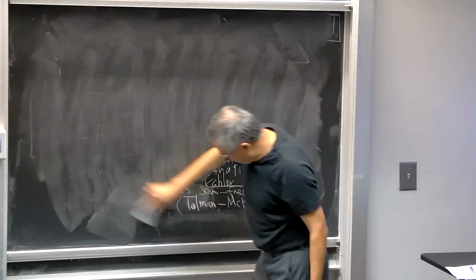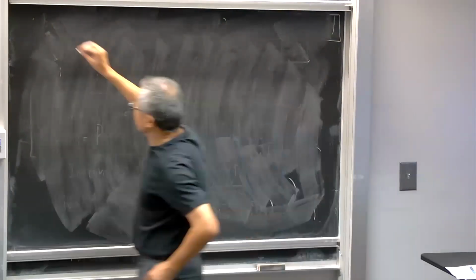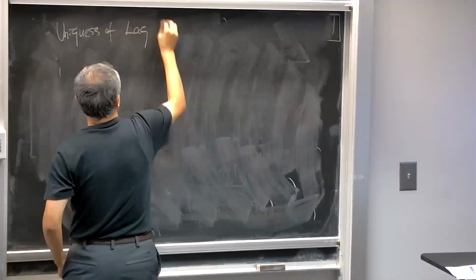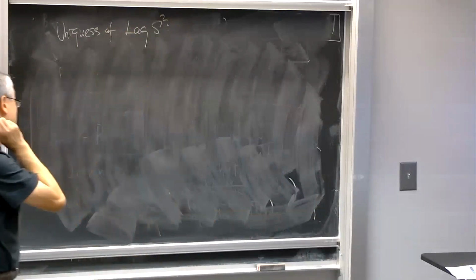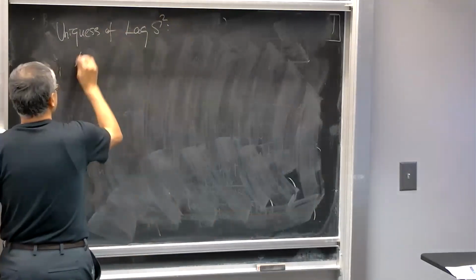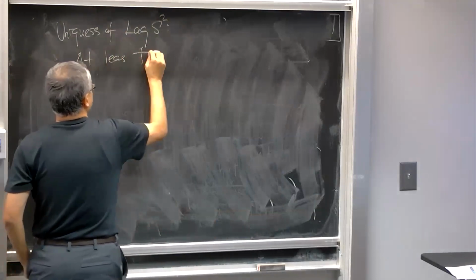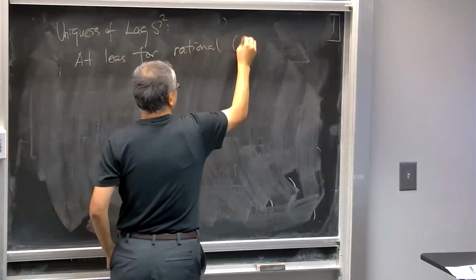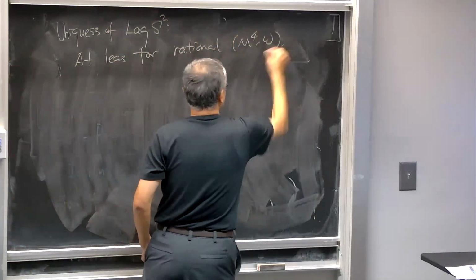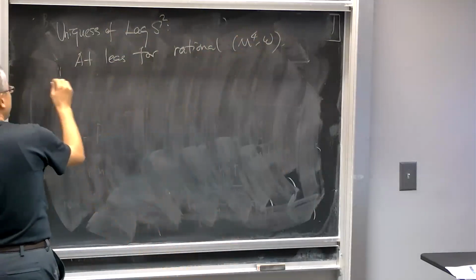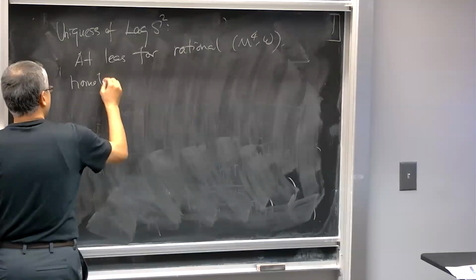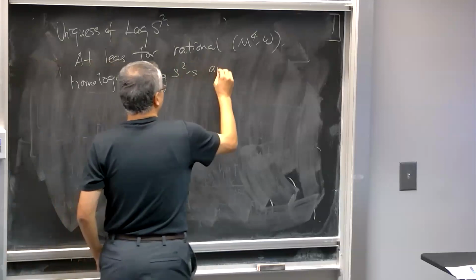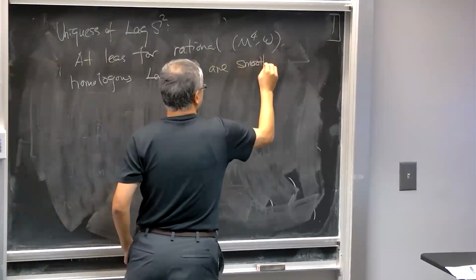But at least let's talk about uniqueness, at least for rational four manifolds. What we know is that homologous Lagrangian S2s are smoothly isotopic.